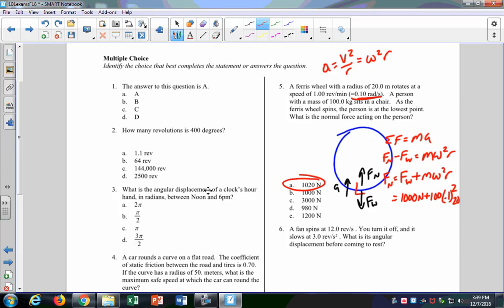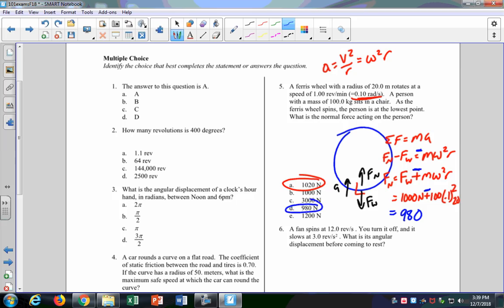The way you change this, if I gave you this problem, most likely the way I change it is to be not the lowest point, but the highest point. And you would work it exactly the same way, except at the highest point, the only thing that would change is that this acceleration would be negative. And so the answer would be 980.